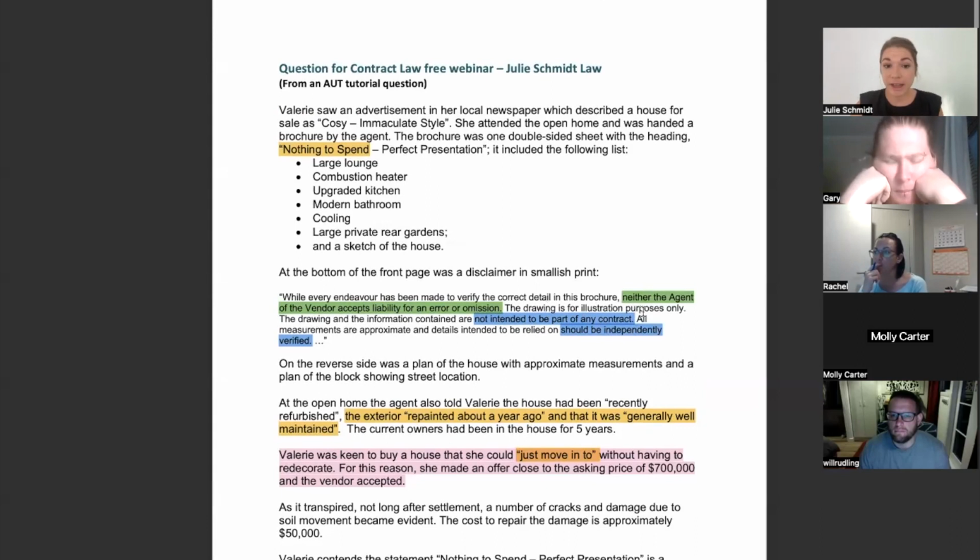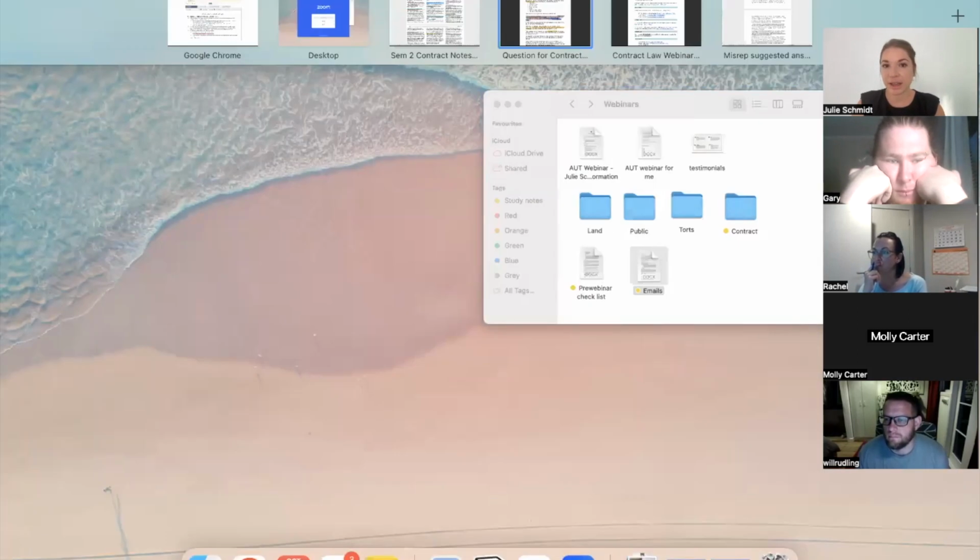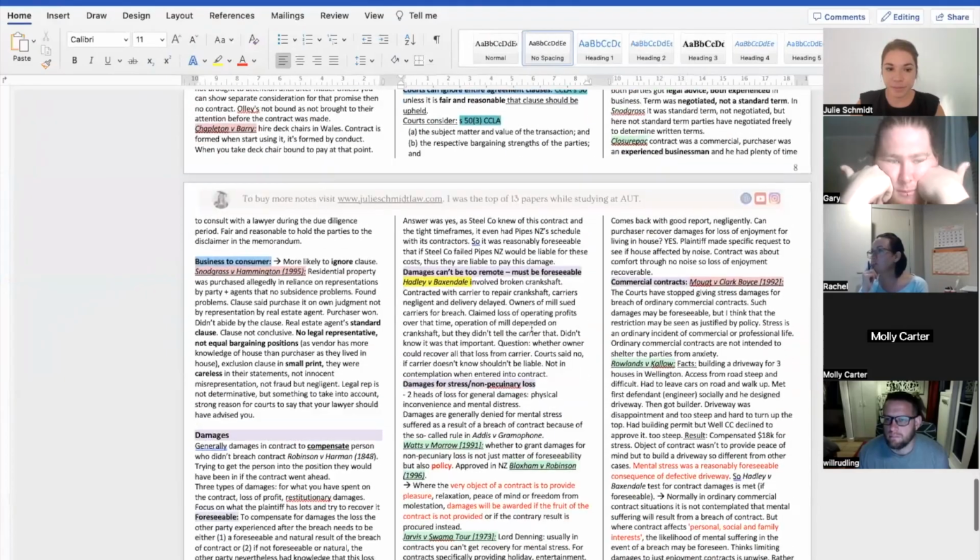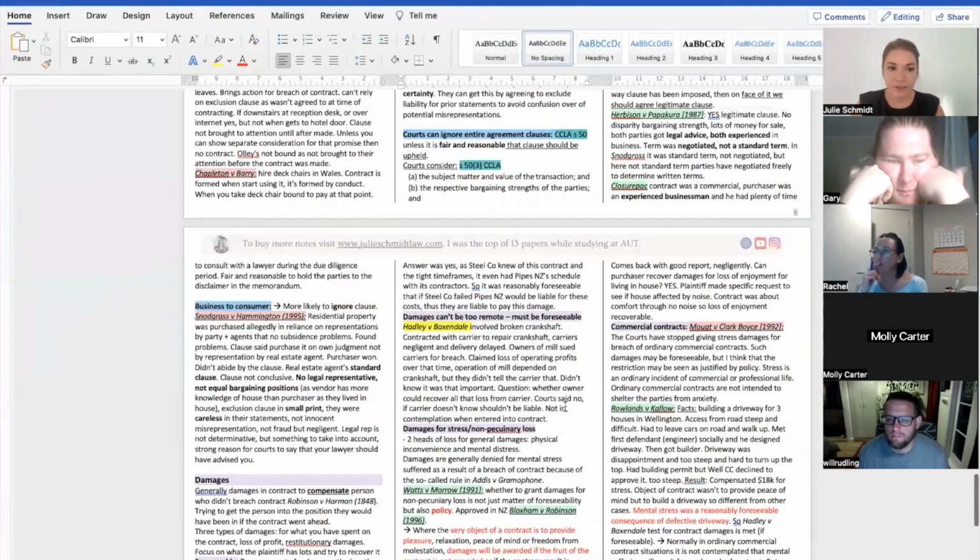It was saying that nothing said here is intended to be part of any contract. And will the courts give her relief under Section 50 and say that this doesn't apply?